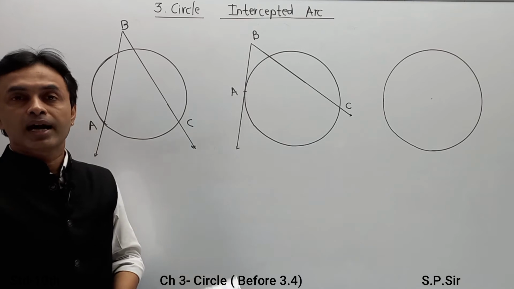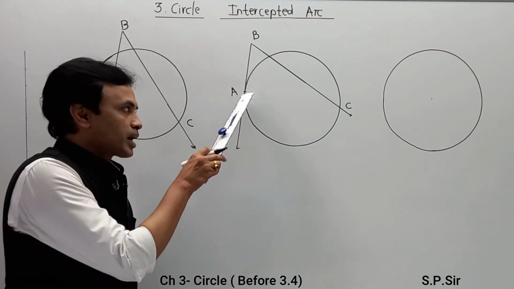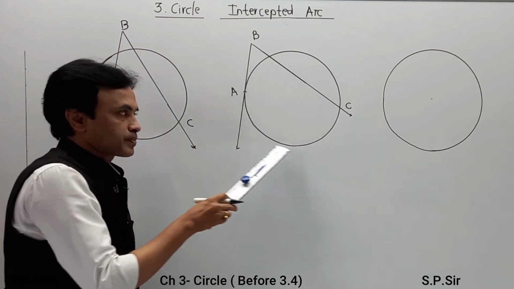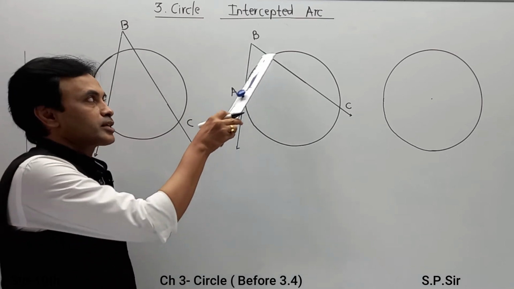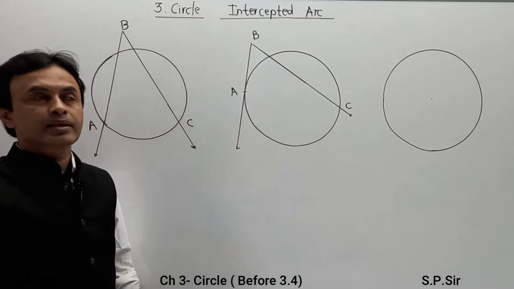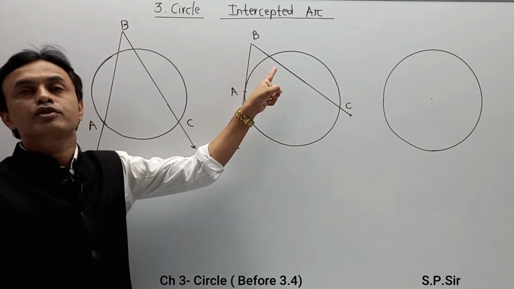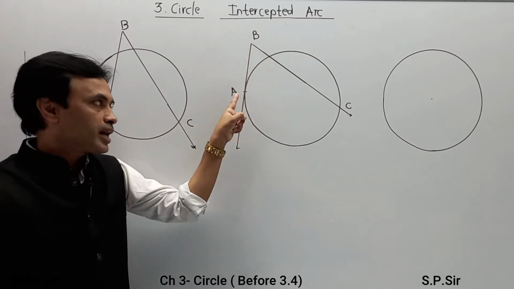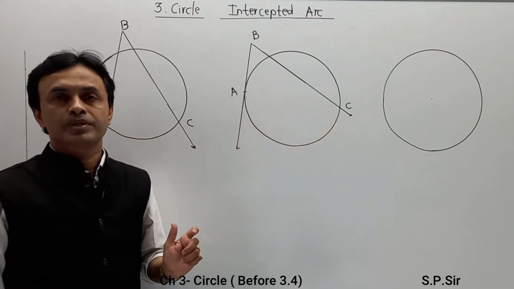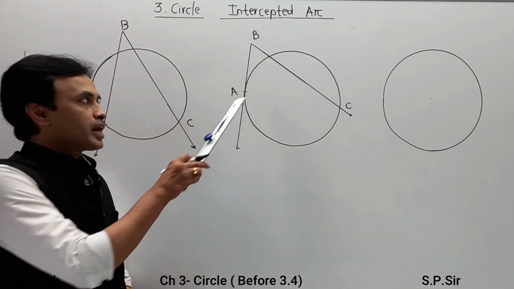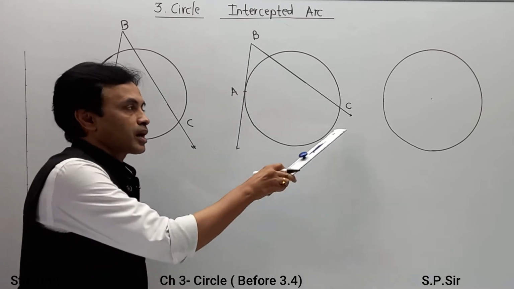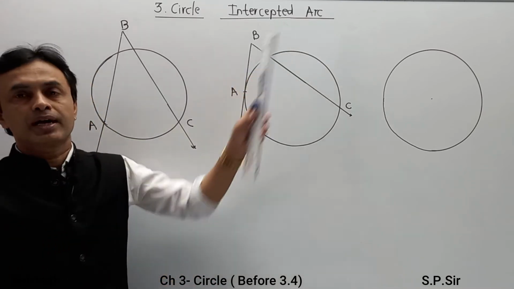And you can see again there are two arcs, one arc over here and a second arc over here. Again the pattern remains the same. The arc close to the angle is always smaller, and the arc away from the angle is always larger. In this way these two arcs are called intercepted arcs.